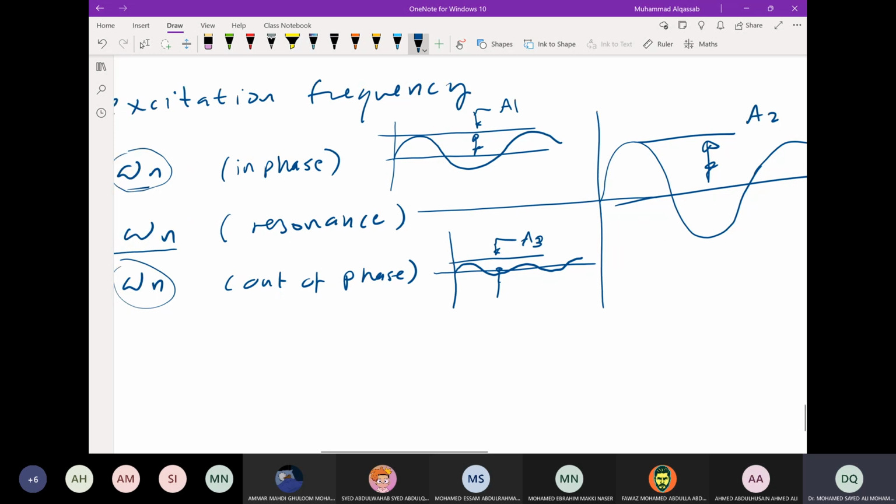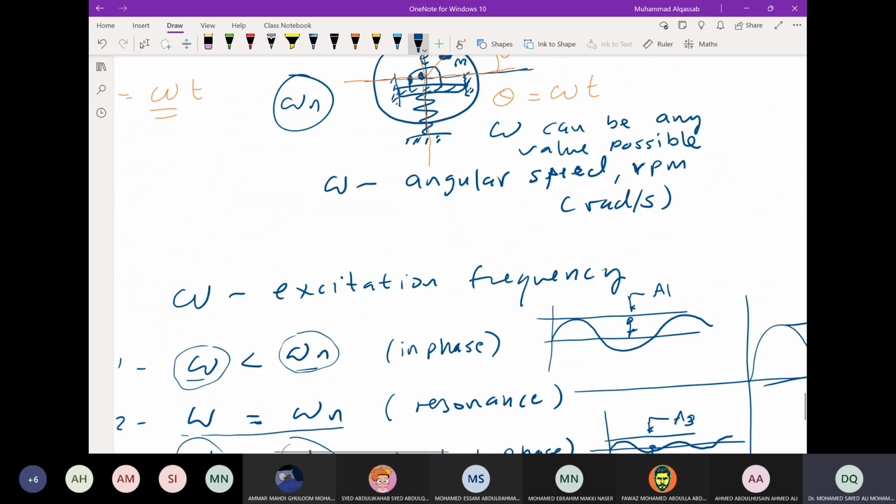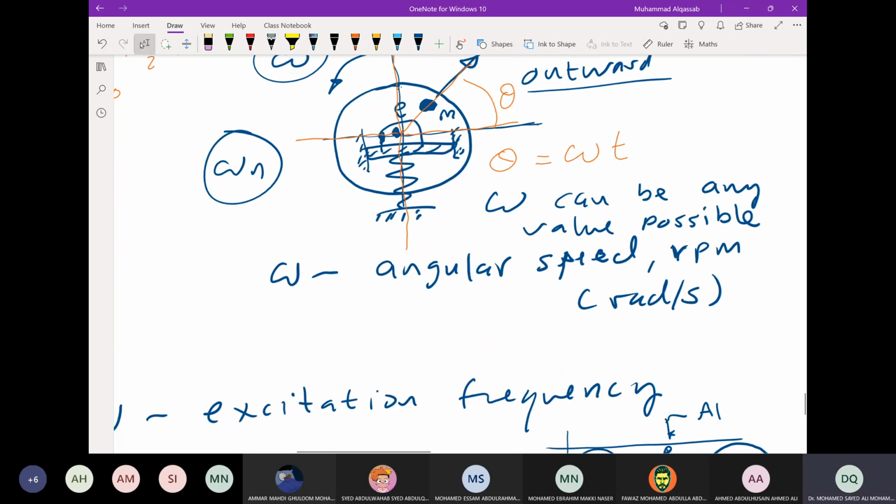Now, for a spring mass system, let's see this system. The spring will be heavily loaded at resonance, not in phase or out of phase. And what happens if the spring is under high loading or large amplitude? It will break.